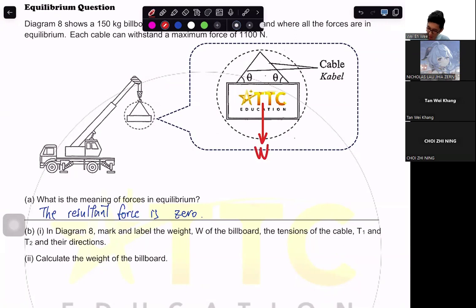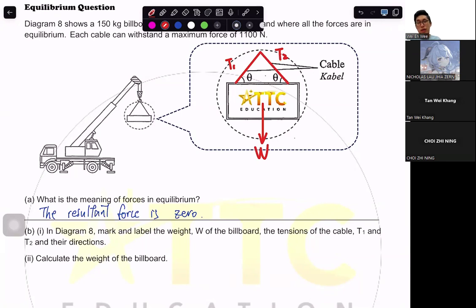Then tension is inside the string. One tension here, this is T1, and another tension here, this is T2.